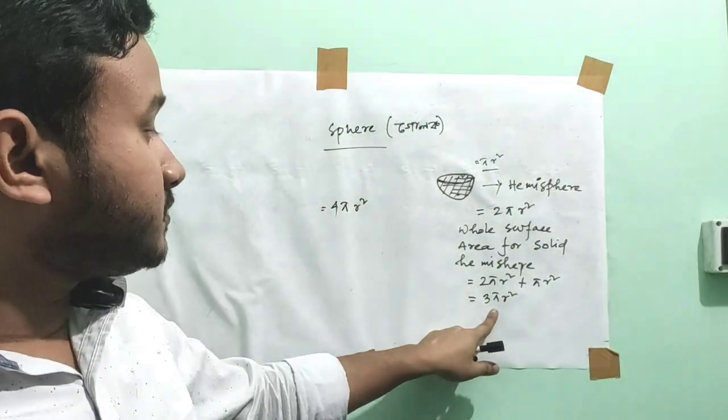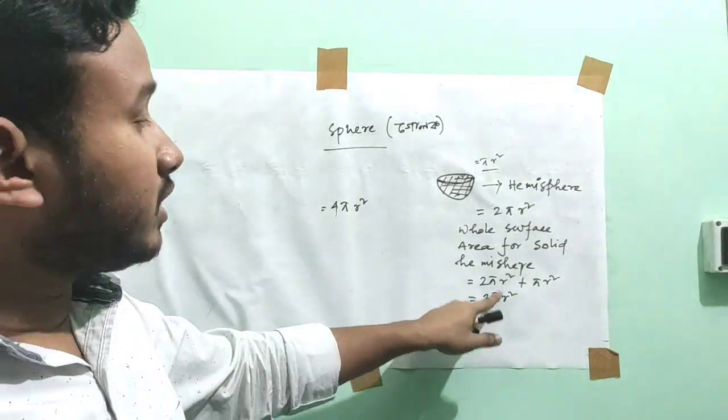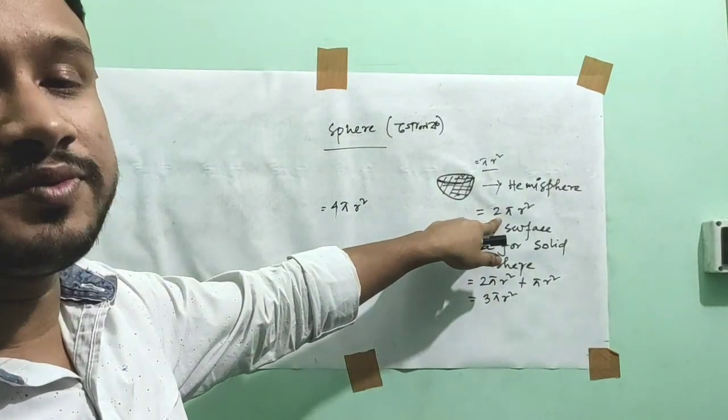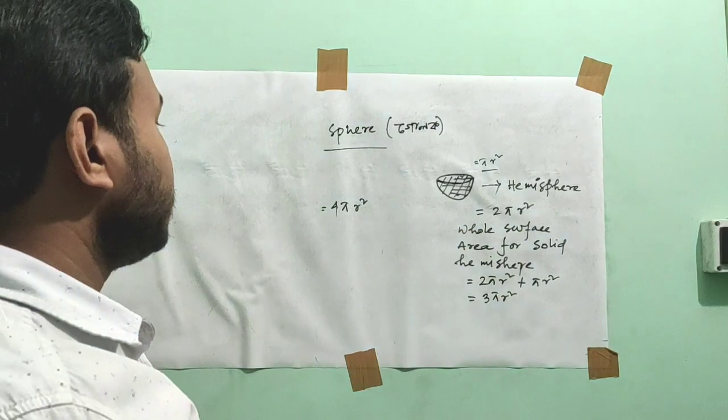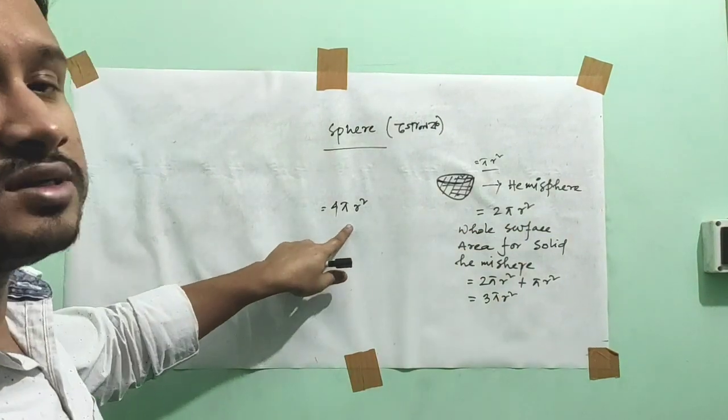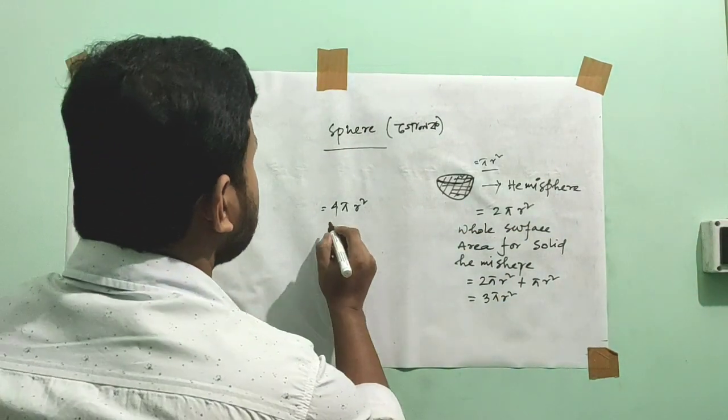That is for the solid hemisphere, and this is for the empty hemisphere, and this is for the sphere only.